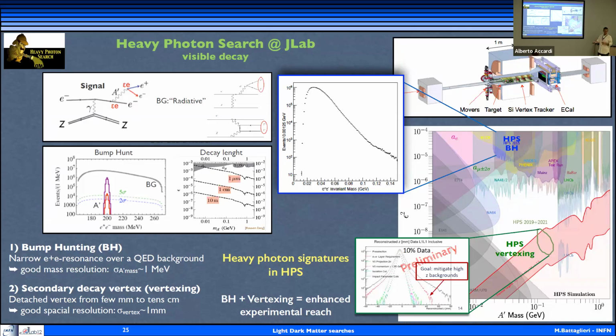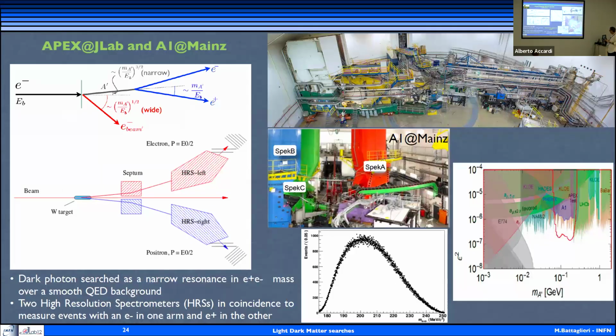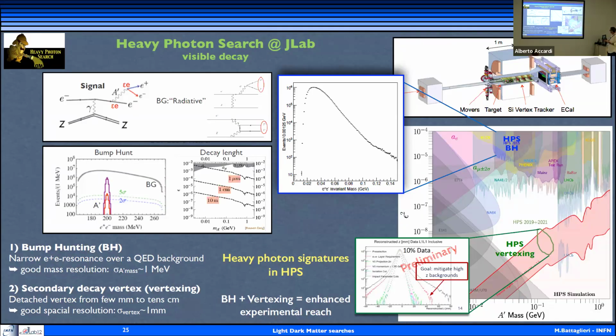Tungsten, high Z, produces a lot of gammas, gammas decay, and most of your E plus E minus are produced by radiative effects. So it gives you a continuum, a spectrum that doesn't have any peak, because you produce whatever energy, and the gamma has zero mass. So you are not expecting to see any peak. You're just expecting to see a continuum.